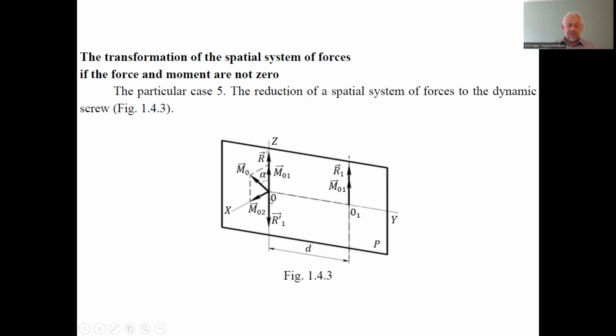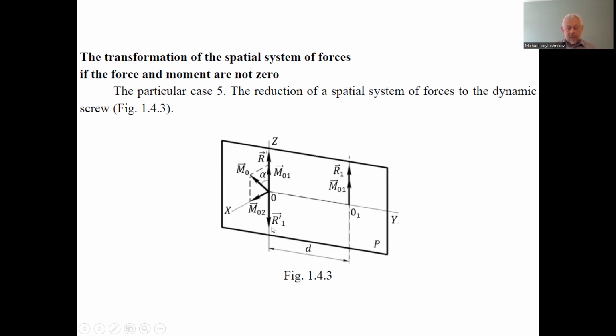First of all, we have to find the projection of the main moment onto the axis x, perpendicular at point 0 of application of the force, and onto the parallel axis z, which coincides with the direction of the resultant force R. So the perpendicular projection of the main moment, M02, we can decompose into a pair of forces.